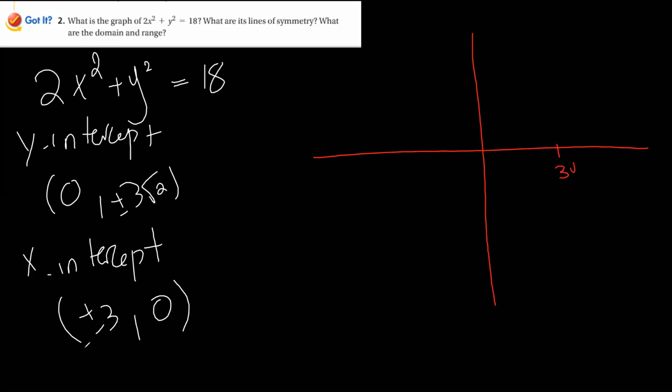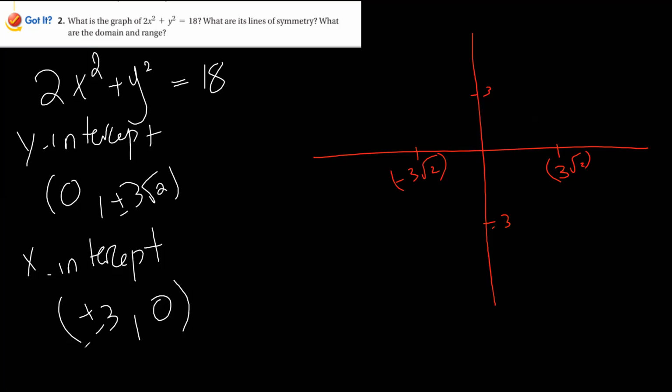So you will put it here as an example, and 3 and 3 here. Now, as you see, this shape could be a circle or an ellipse. It has to be an ellipse. Is it right?